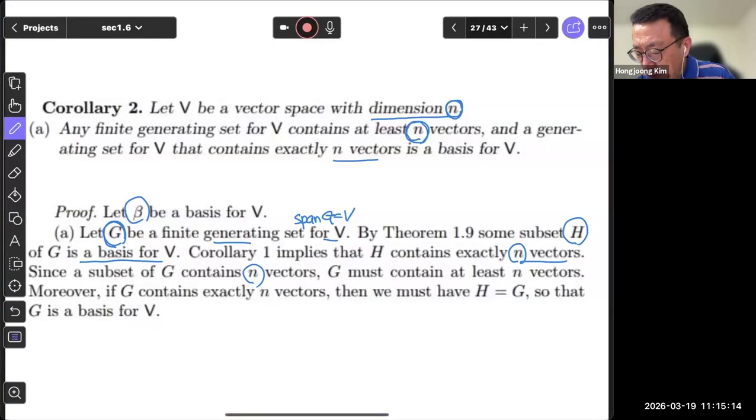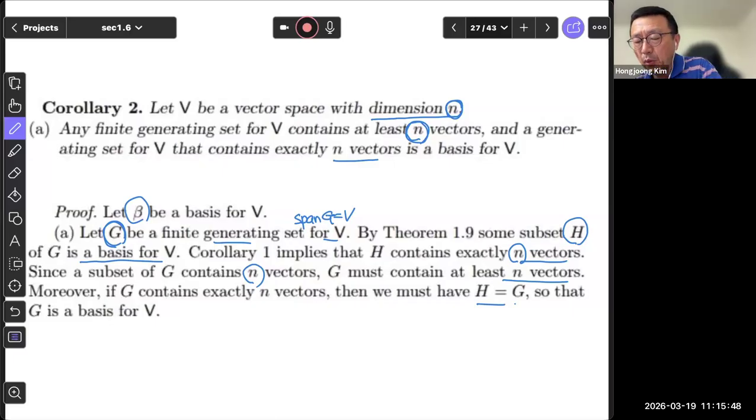Now, if G contains exactly n vectors, then H and G must be the same, because H is a subset of G which has exactly n vectors. So G will be a basis for V.